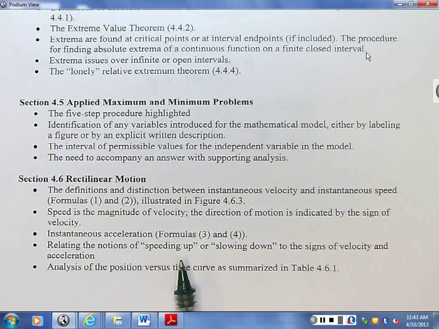Any other questions? Yes. When the book asks for the interval when it's increasing and decreasing, it asks for a closed interval, but when it asks for when it's concave up, concave down, it always asks for an open interval, and I don't understand what the difference is.